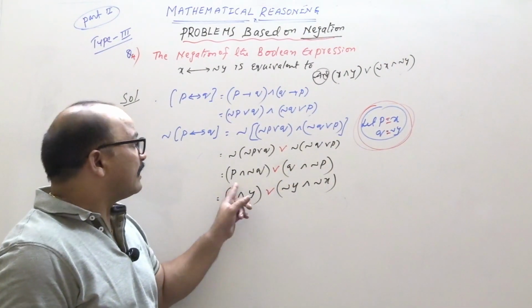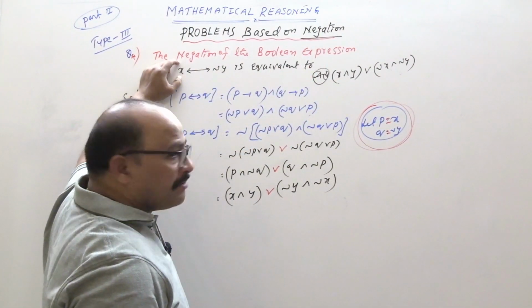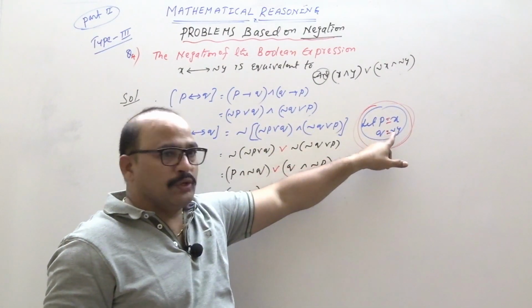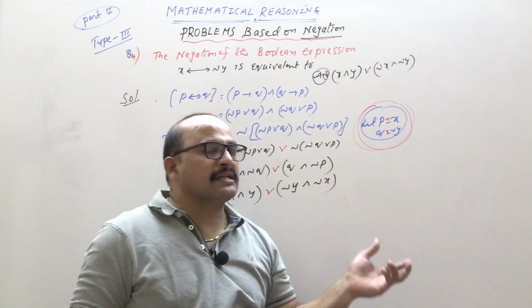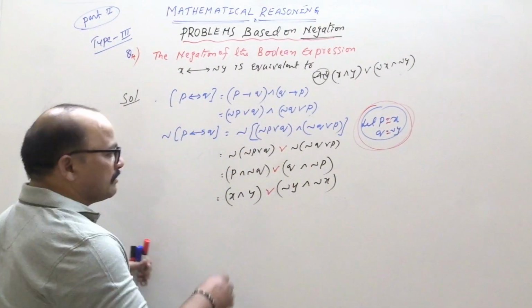Finally I am taking the P statement as X, Q statement as Y. If the Q statement is negation Y, then negation Q originally becomes Y. This is the concept.